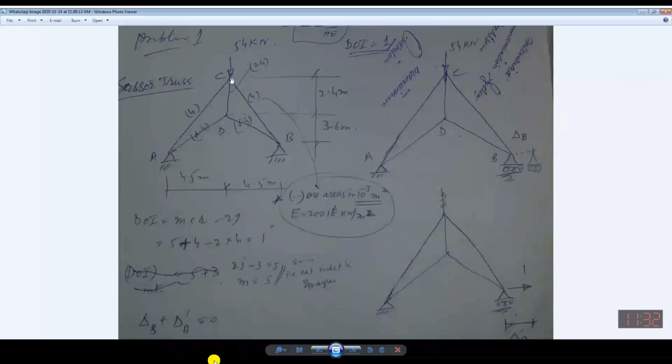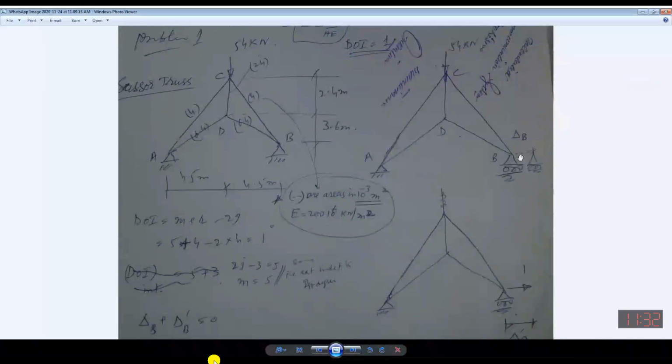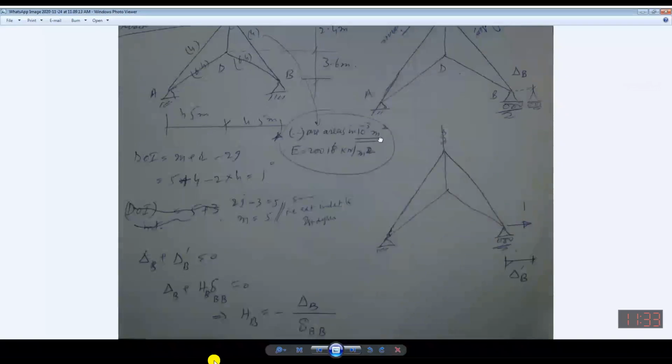You can solve it if you apply horizontal force HB over there. Now this negative sign shows that the direction that was chosen on the rightward side is wrong. It should have been applied leftward. I chose the direction of HB to the right, and that is not correct.